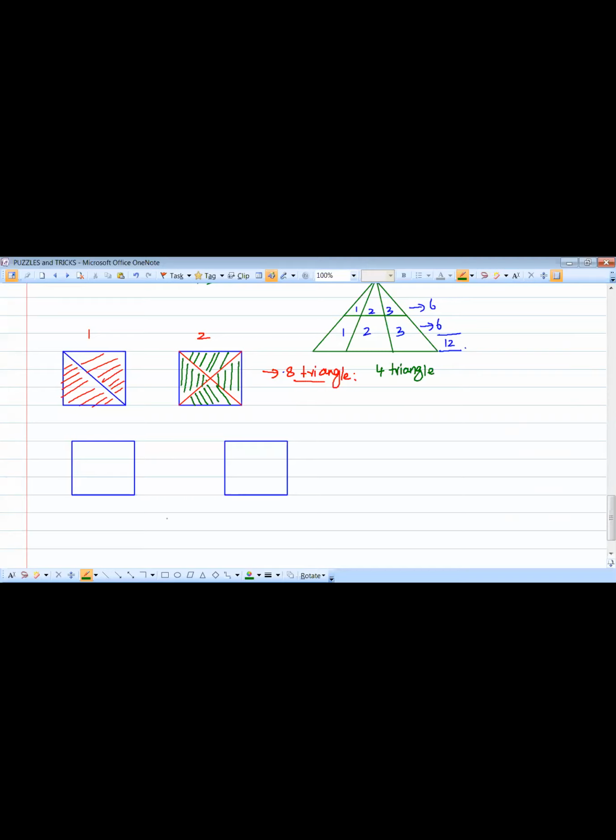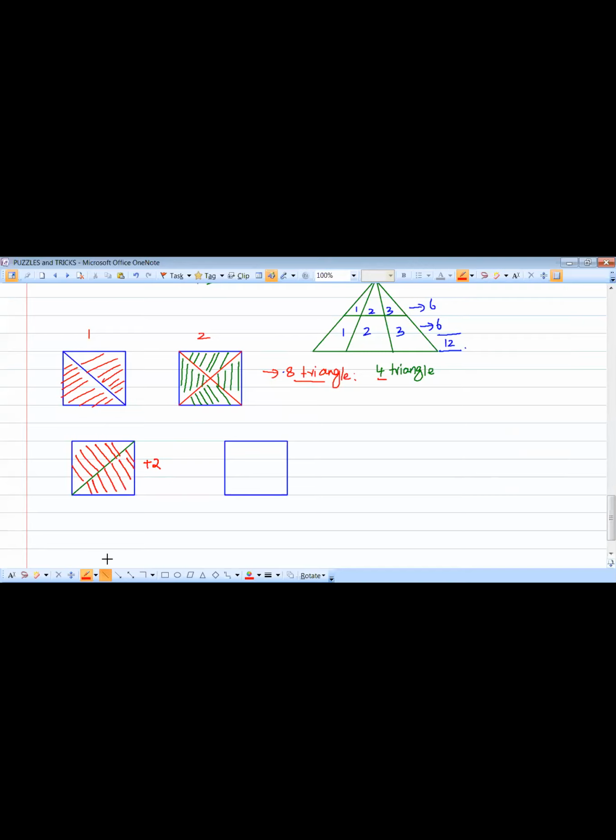What are those 4 more triangles? Suppose the same rectangle and this line I am just drawing inside. Okay. Now see here, this is one triangle, the entire part, and this is another triangle. Then 4 plus 2.